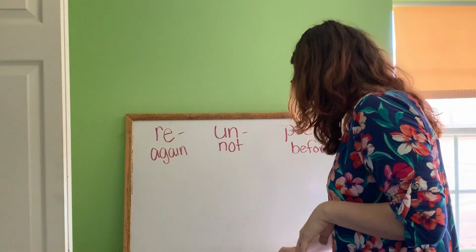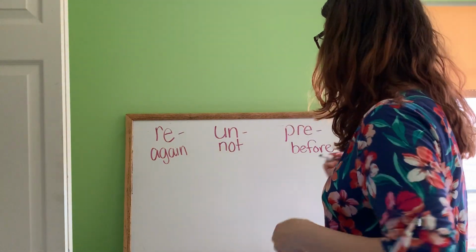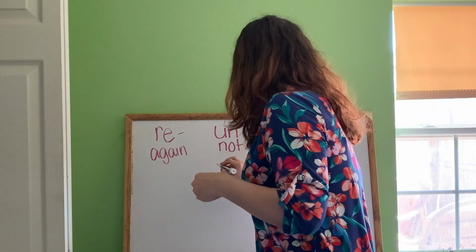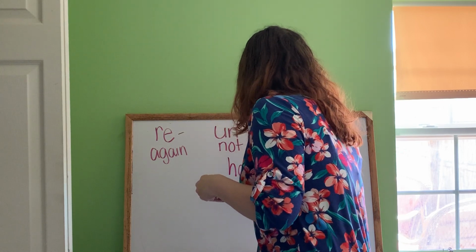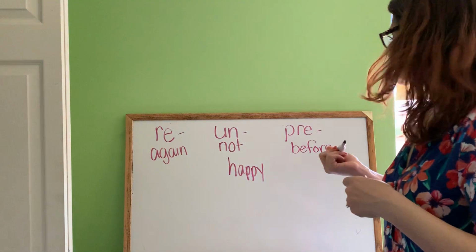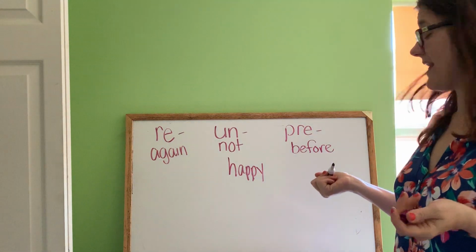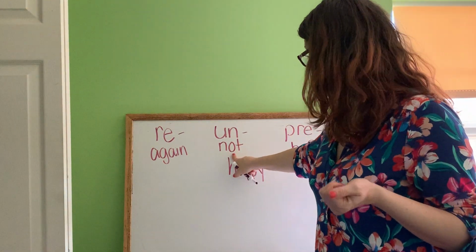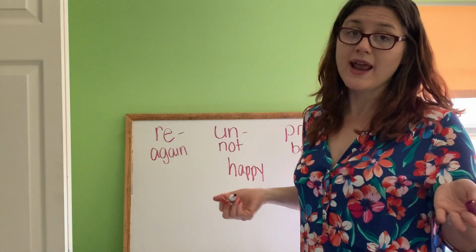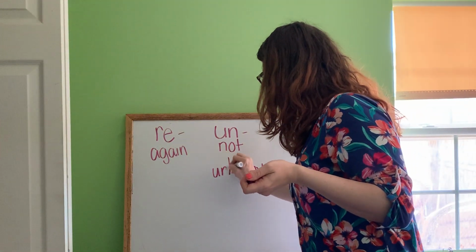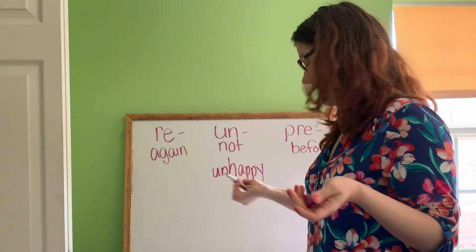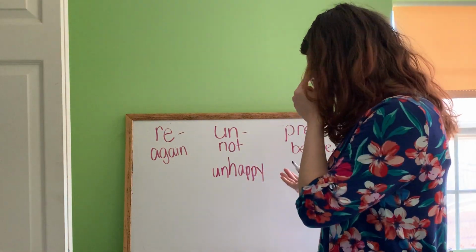So I'm going to look at the word happy. If I have happy as my base word, and I want to say that I am not happy, I can certainly say I am not happy, or I can add un and say I am unhappy, and that makes it not happy.